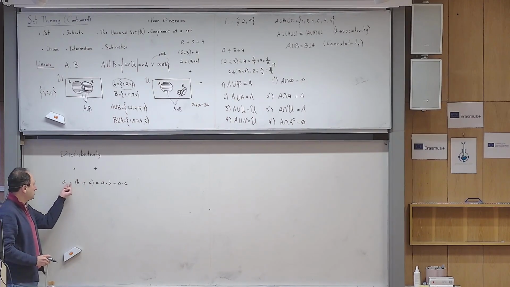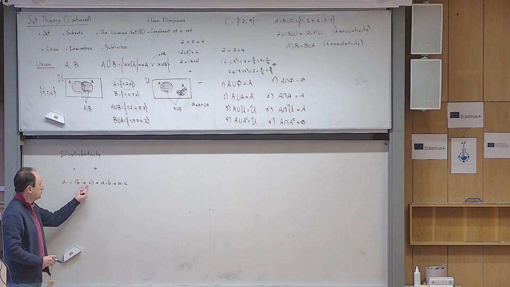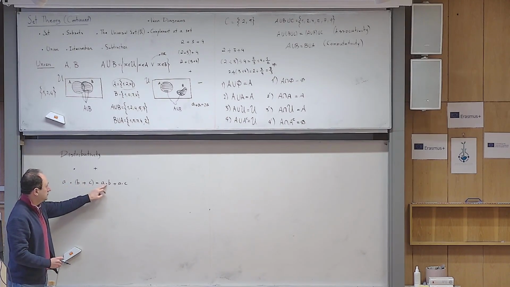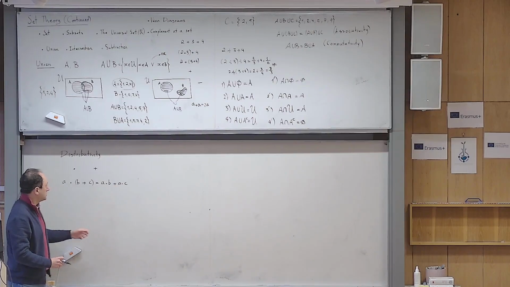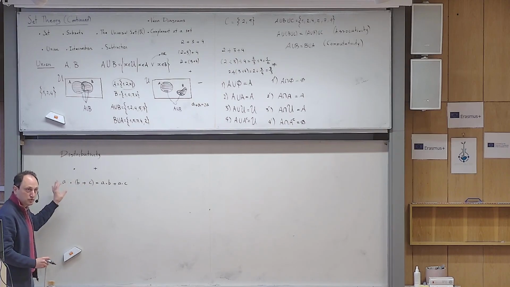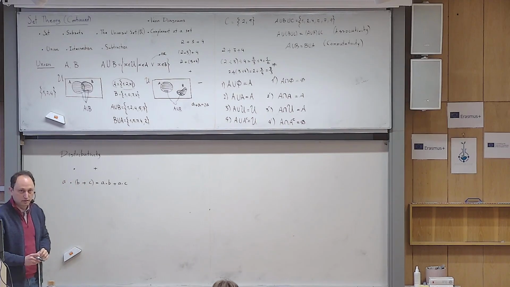It means that you take multiplication and then distribute it over addition. You see, you had only one multiplication here, but when you look at the right hand side, you have two multiplications. So you are distributing this multiplication over B and C. So you're distributing multiplication over addition.